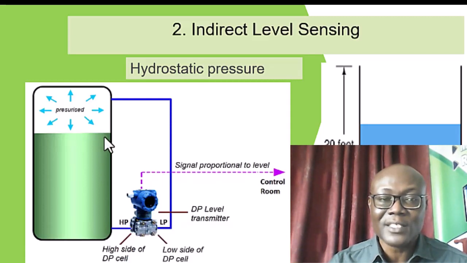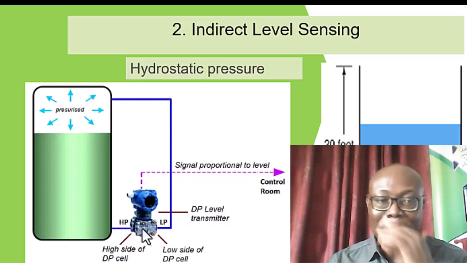If the level of the fluid in the tank is high, you see that the differential pressure will be high, because the HP side will be high and the LP side is almost constant. Then as the level is going down, the HP side will be coming down.